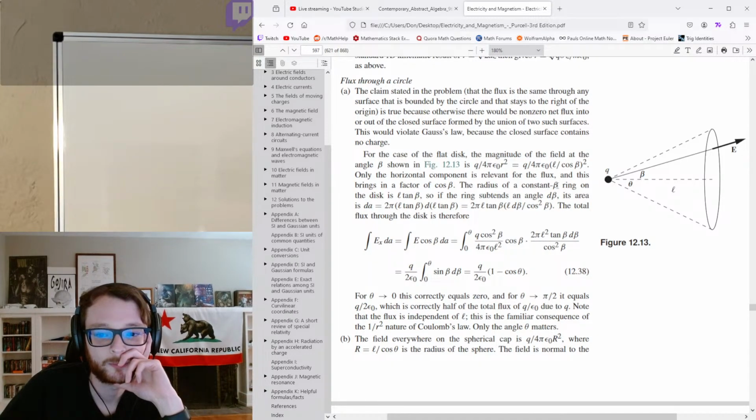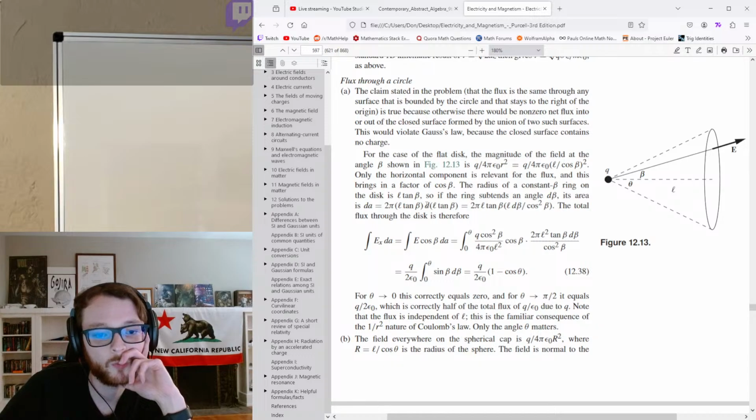A constant. Oh, considering the rings might have simplified how I was thinking about this 2D thing, because we were just doing a small patch, but we could have done it with rings. The total area is 2 pi L tangent. Okay, so that's just the circumference of a circle.